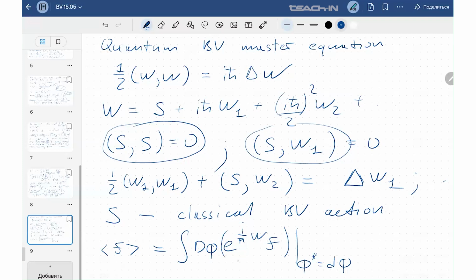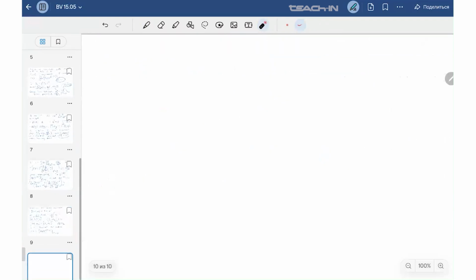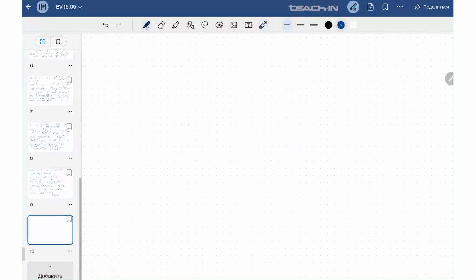We know that for such an integral to be independent, the expression under the integral must be in the kernel of the delta operator. So we need to make sure that our quantum average doesn't depend on the gauge condition which we use when we evaluate it. We need to impose the following condition: that delta acting on F times exponential of I over h bar W is 0, right?